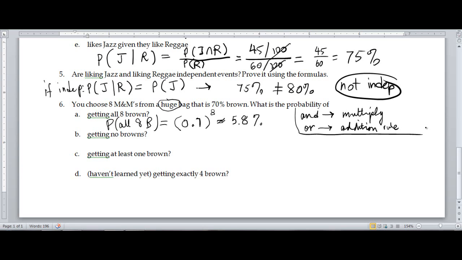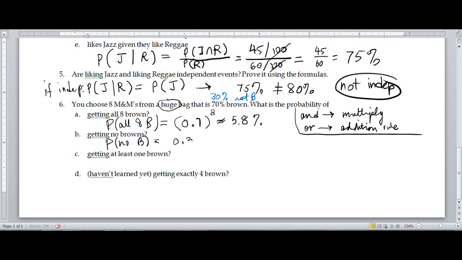What's the chance of getting no brown? Alright, so if 70% are brown, the rest, 30%, are not brown. So that's like saying, what's the chance of the first one being not brown? 30%.